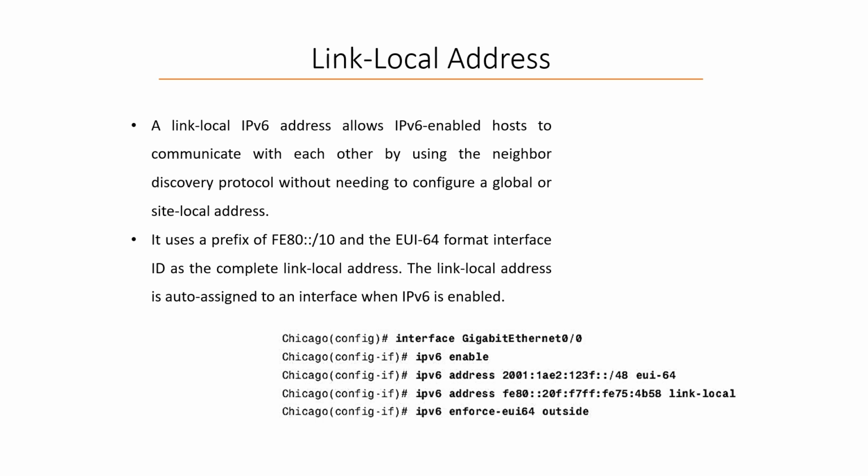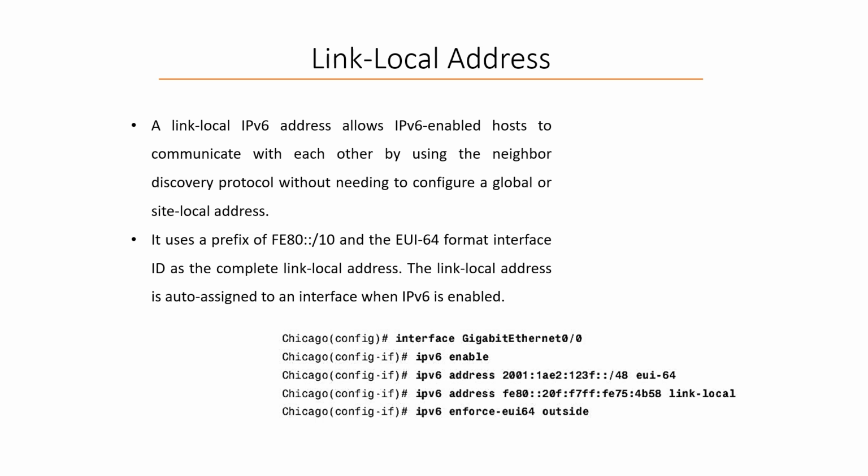Link local address. A link local IP version 6 address allows IP version 6 enabled hosts to communicate with each other by using the neighbor discovery protocol without needing to configure a global or site local address. The neighbor discovery protocol provides a messaging channel on which the neighbor IP version 6 devices can interact.